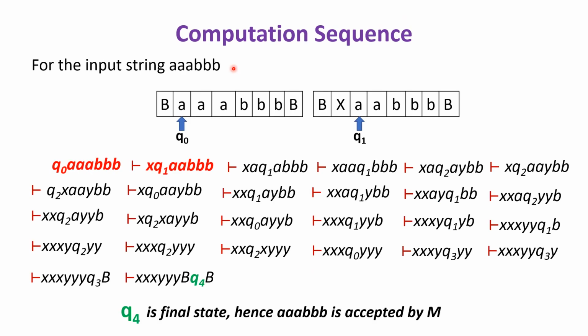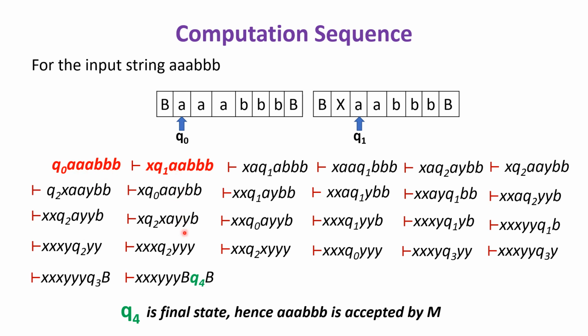For example, for the language A raised to n, B raised to n, the computation sequence for the Turing machine for processing the input string AAABBB is represented by multiple instantaneous descriptions, starting with the initial state pointing to the input string.